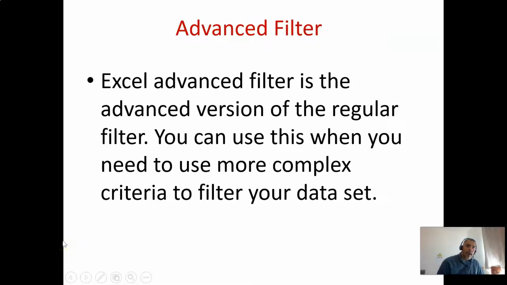Okay, so before we do that, we just need to look at what this advanced filter is in Excel. The advanced filter is the advanced version of the regular filter. You can use this when you need to use more complex criteria to filter your data set. If you remember in one of my videos to do with sort and filter, we looked at just basic filtering by a single criterion, or by using a value, more than, less than.